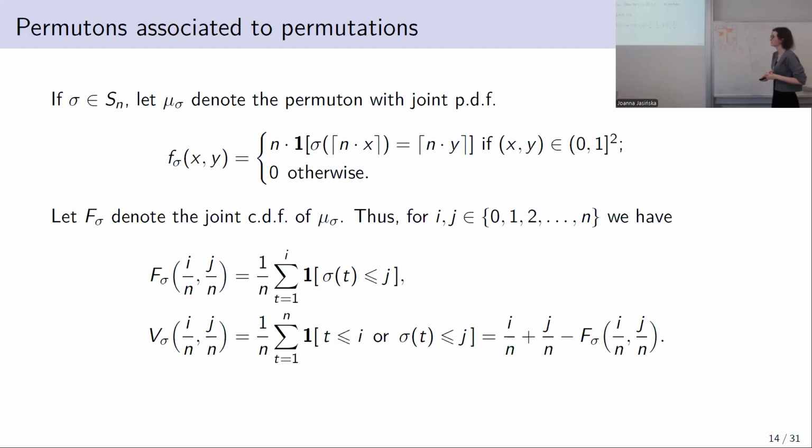So f is basically the mass of the little squares inside the rectangle again, and the cup CDF V is defined analogously to the one in the continuous version.